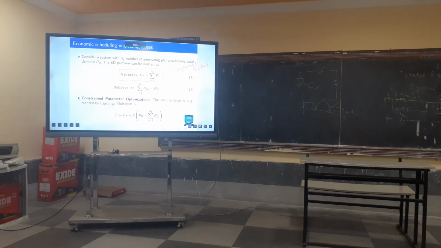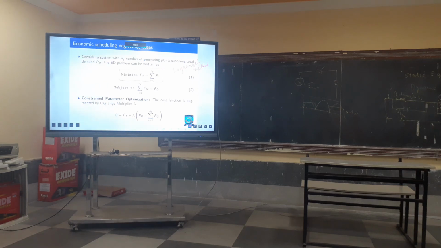Total generation should meet the total demand. Write down the objective function and the constraint. Okay, so this is our objective function with the constraint.